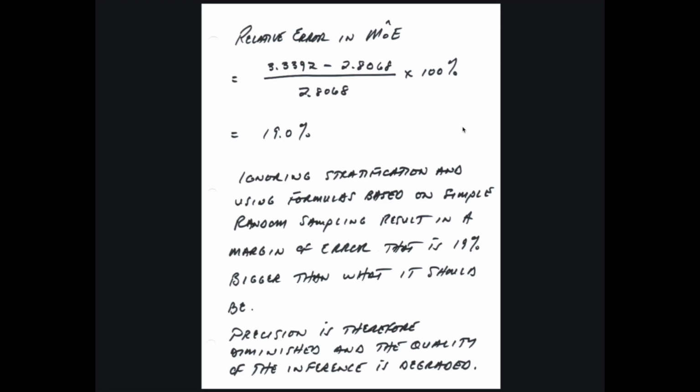When we ignore that information, when we throw that information away, and we use the incorrect formulas, then we're really shooting ourselves in the foot, all right? Because we are degrading the precision that is available to us in the data if we would only use it in the correct way.